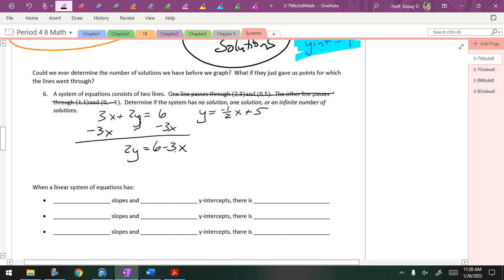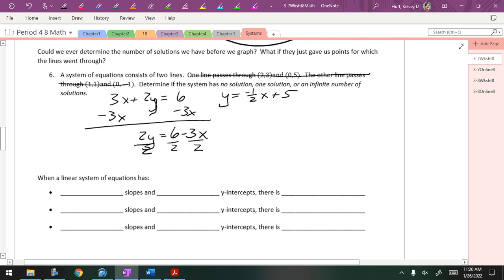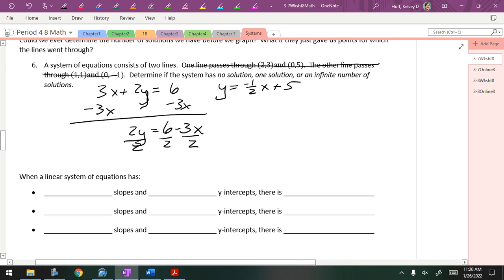Now, divide by 2. Divide everything by 2. You don't want a negative y, so if y is positive, leave it. Plus, if you would have subtracted 2y, then you would have had to subtract 6 to the other side. You would have had more steps, actually.